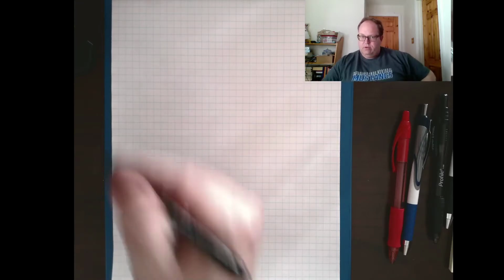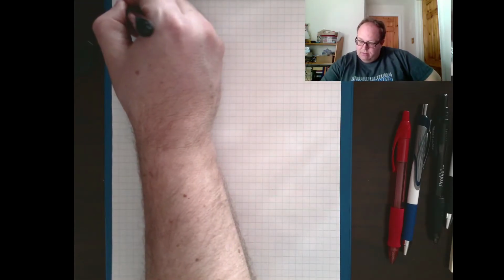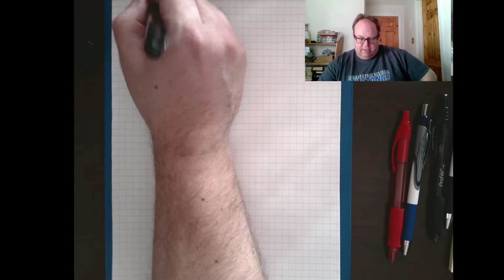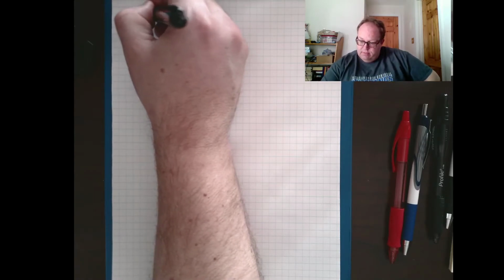Example 4 on page 93 introduces a term called a quadrantal angle, which is a fancy way for saying something that lies right on an axis.